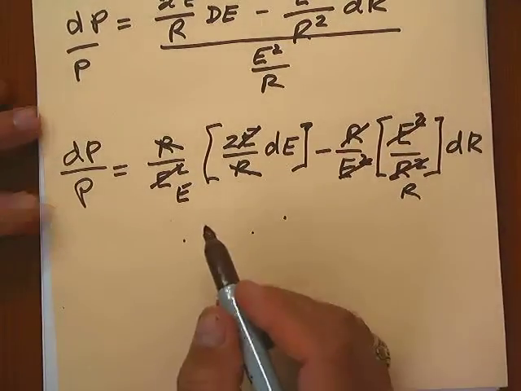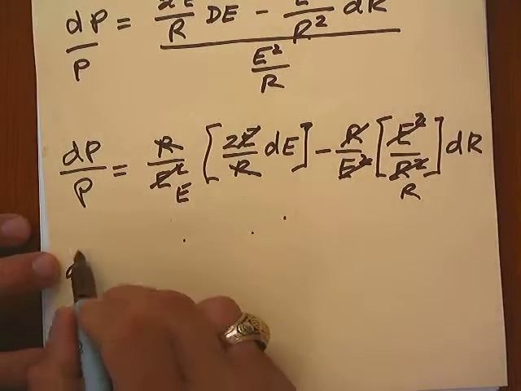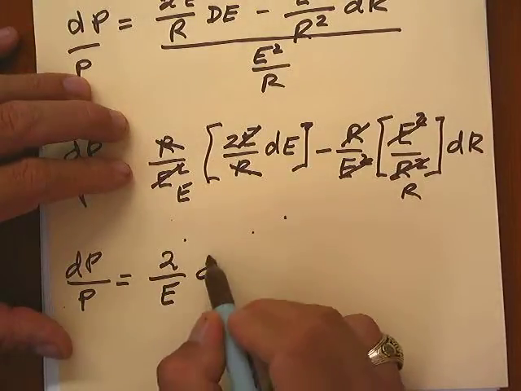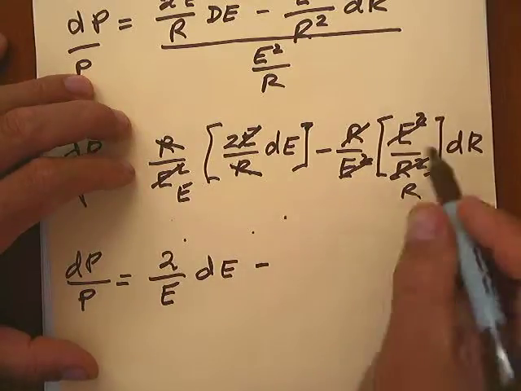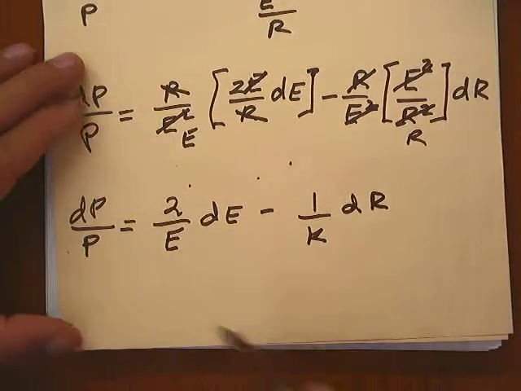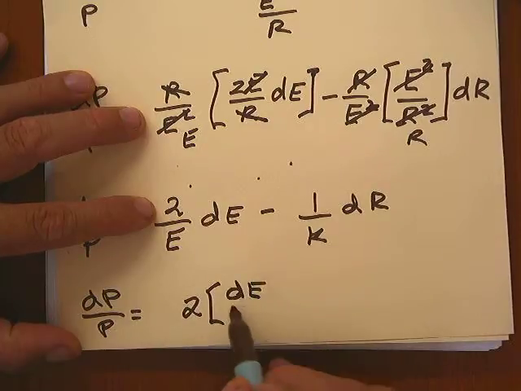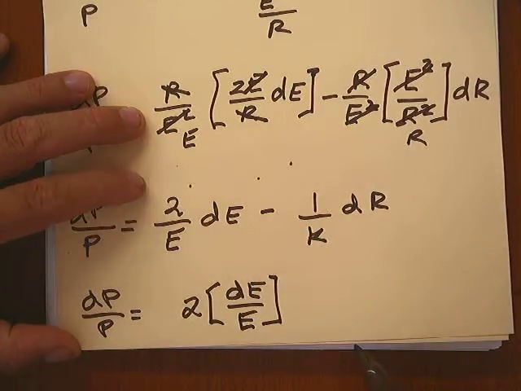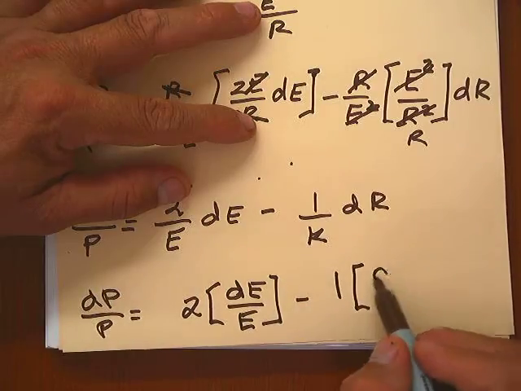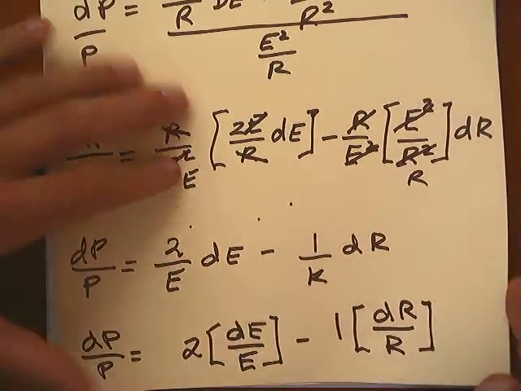And we're left with, when we get through with everything, dP over P is equal to 2 over E dE minus, looks like we got 1 over R dR, in which we can rewrite that as dP over P is equal to 2 times dE over E, which is the relative error in terms of voltage, minus, let's see, 1 times dR over R, which is your relative error in reference to the resistance.